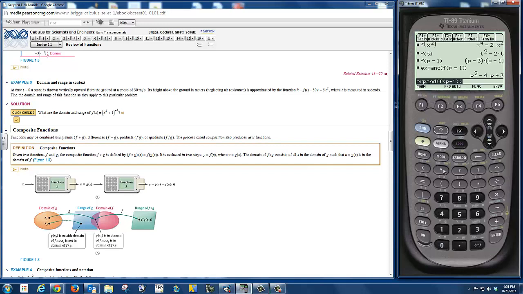So let's find our y. So y1 evaluated at 6. Let's see if that's 0. It is indeed 0. Since y1 was already defined as 30x minus 5x squared, we could use it on the home screen.